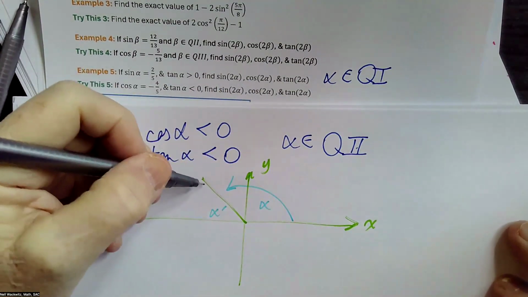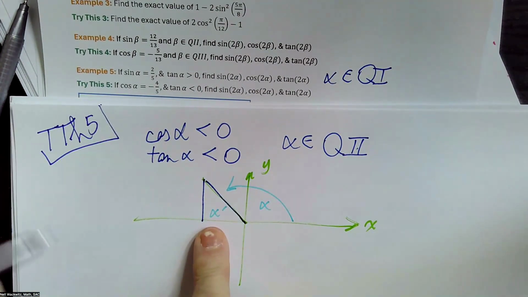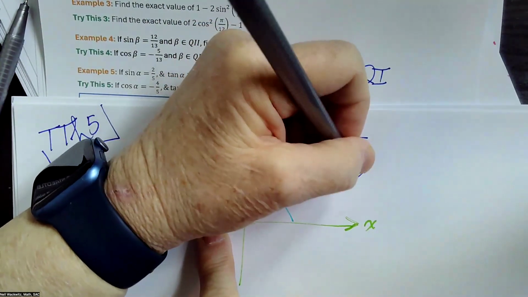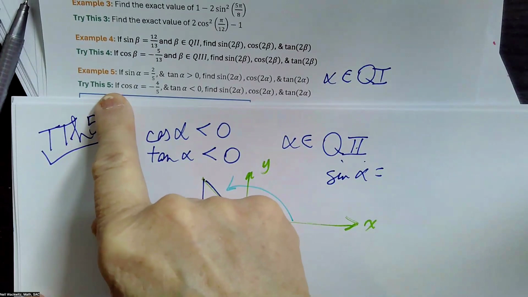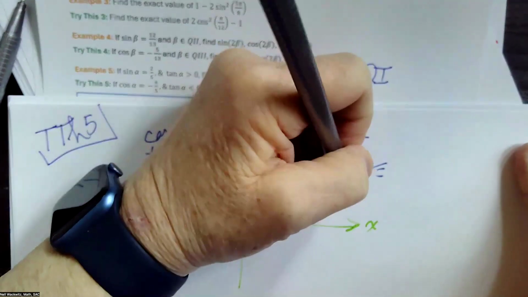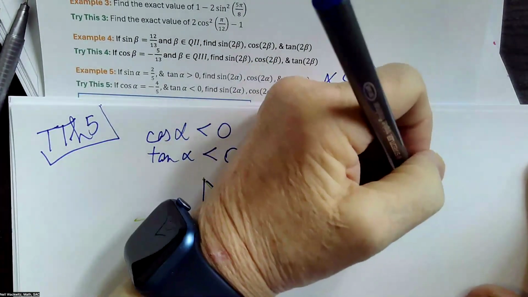So let's finish off our triangle. And we're given that the cosine of alpha is -4/5.